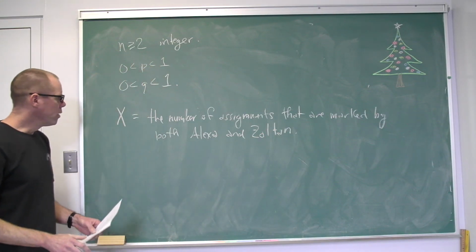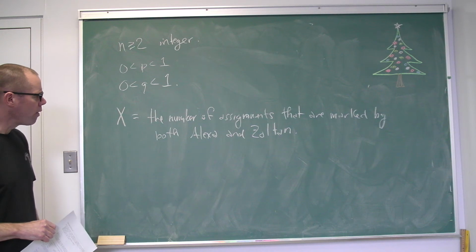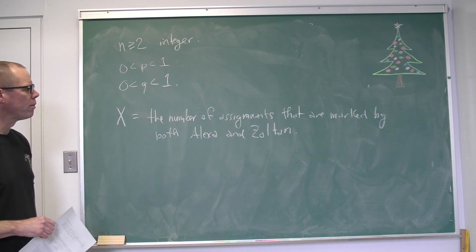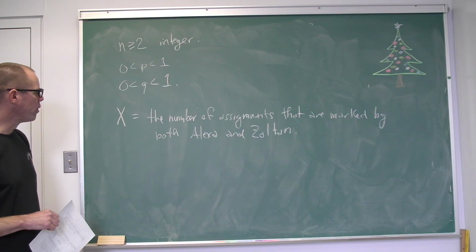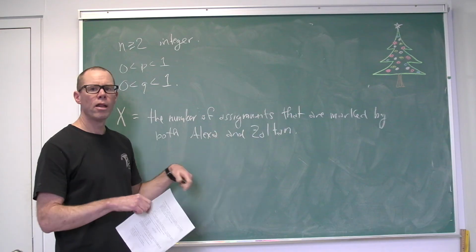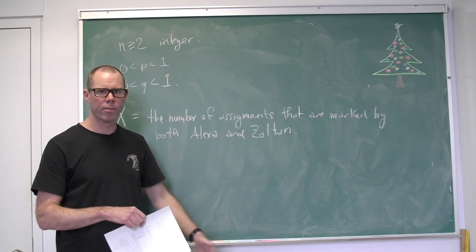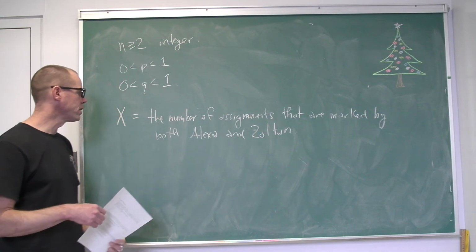Okay, so x is a random variable, and it's one of these ones that has the form that we sometimes recognize as being amenable to using indicator random variables. The definition of x starts with the number of things that satisfy some condition. So the number of assignments that are marked by both Alexa and Zoltan.